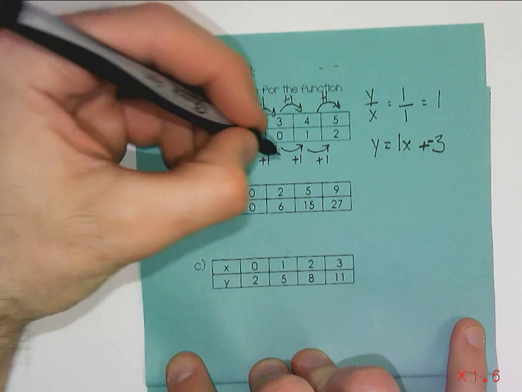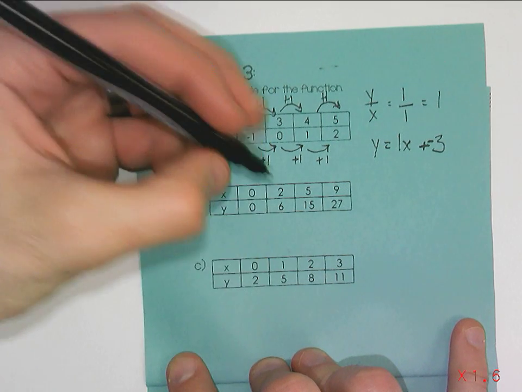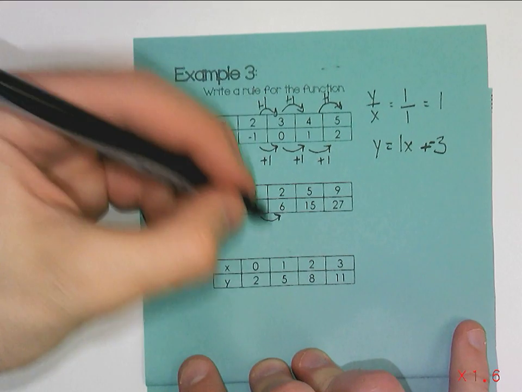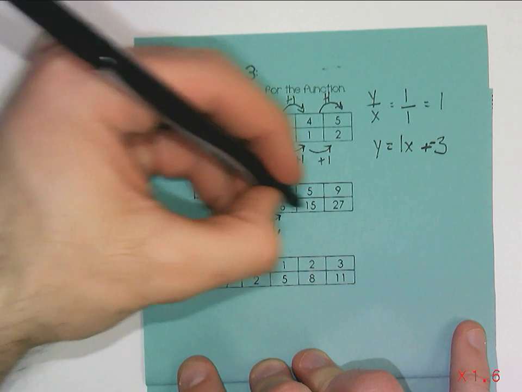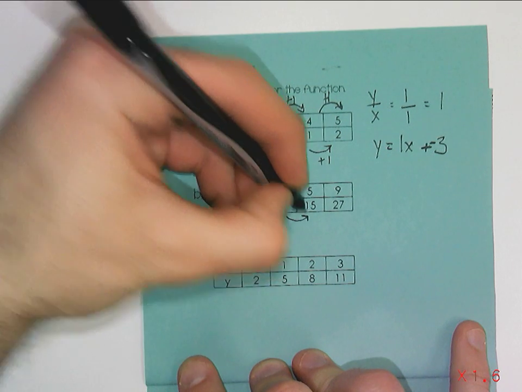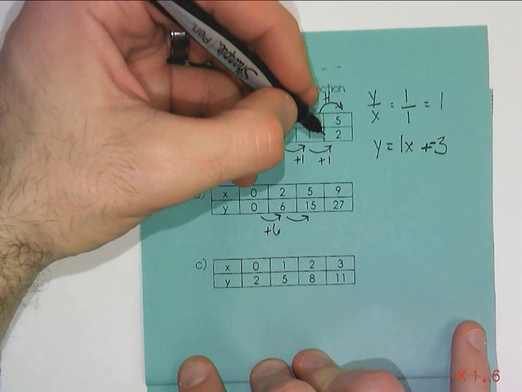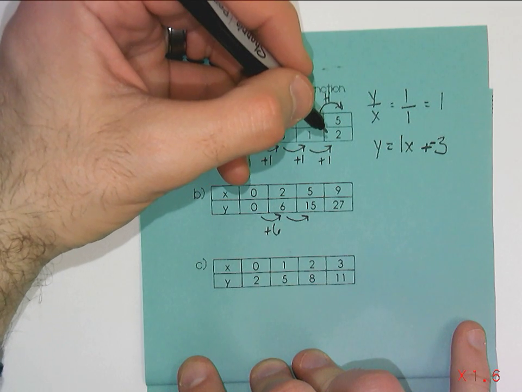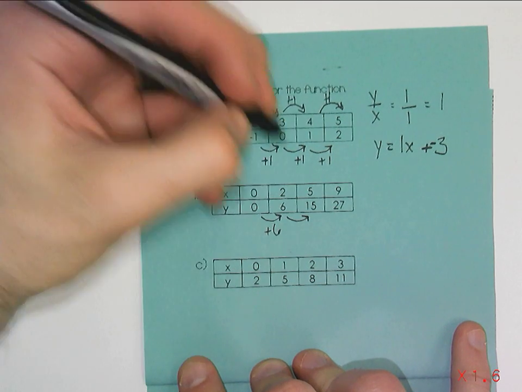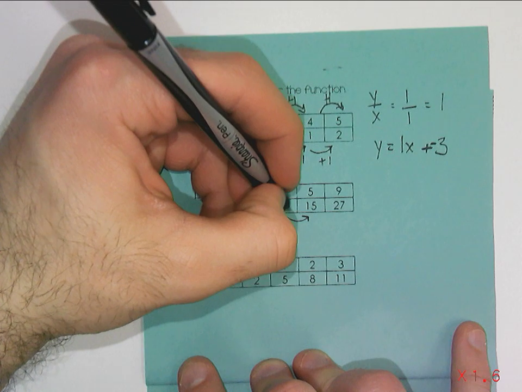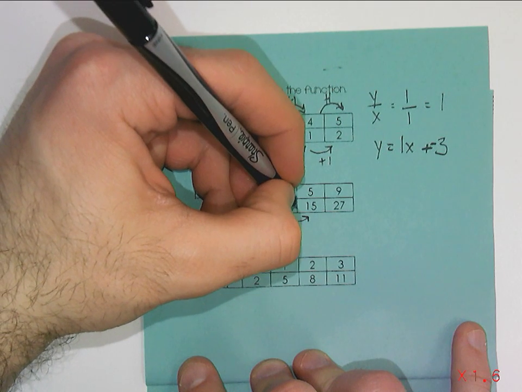All right, so let's take a peek at this then. My y values are changing by a value of 6. Say, is that 9?